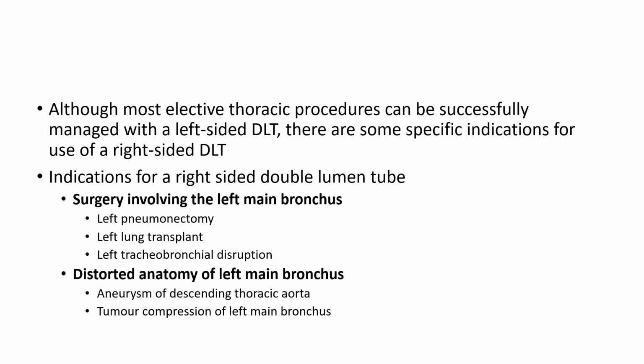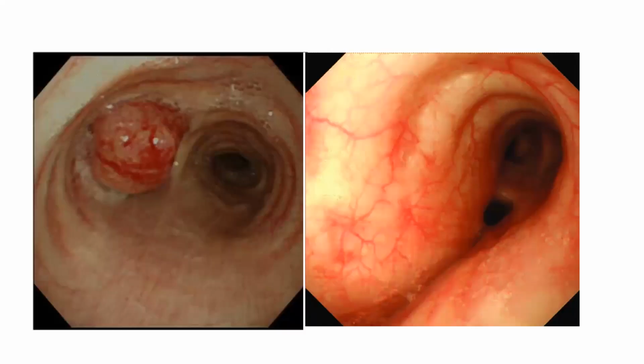The disruption can be due to an aneurysm of the descending thoracic aorta, which will compress and collapse the left main bronchus, or a tumor compressing the left main bronchus. The picture on the left is showing an intraluminal tumor over the left main bronchus. So in this situation, we can't use the left-sided double lumen tube, obviously. In this patient, we have to use the right double lumen tube or another device like a bronchial blocker.